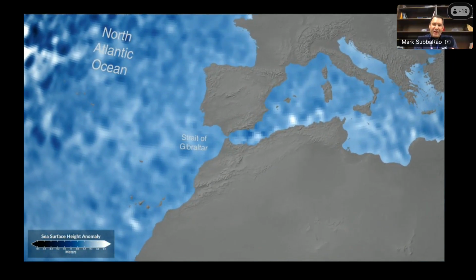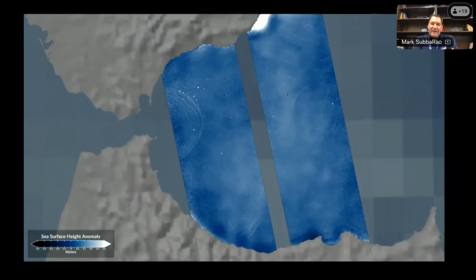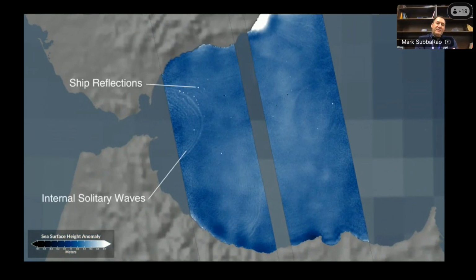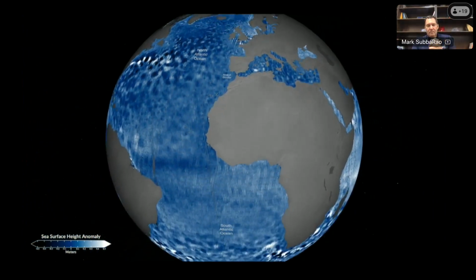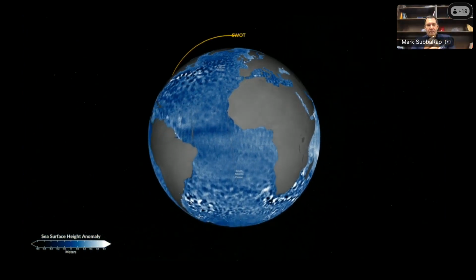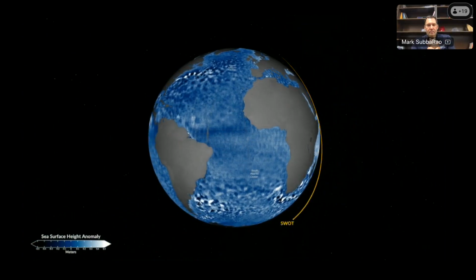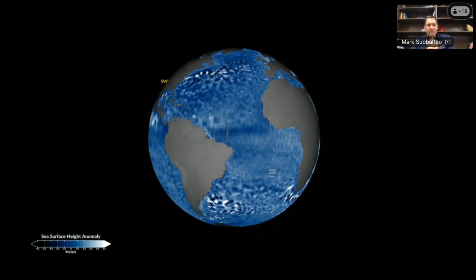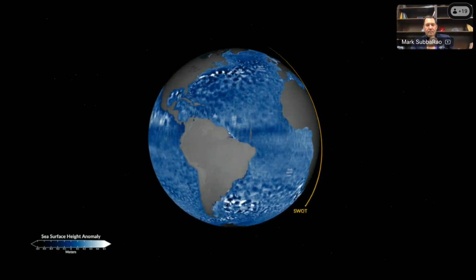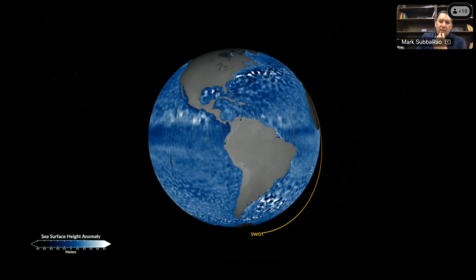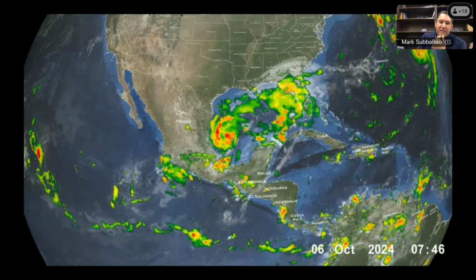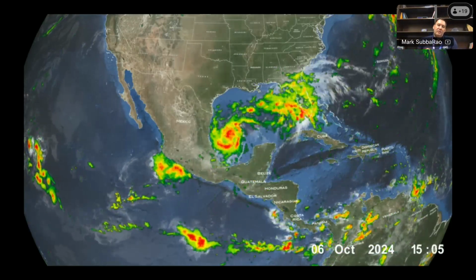And one thing that I find quite remarkable is we can even resolve features from reflections off of ships. So I'm hoping to give you a sense with these of some of the different kinds of measurements we do.